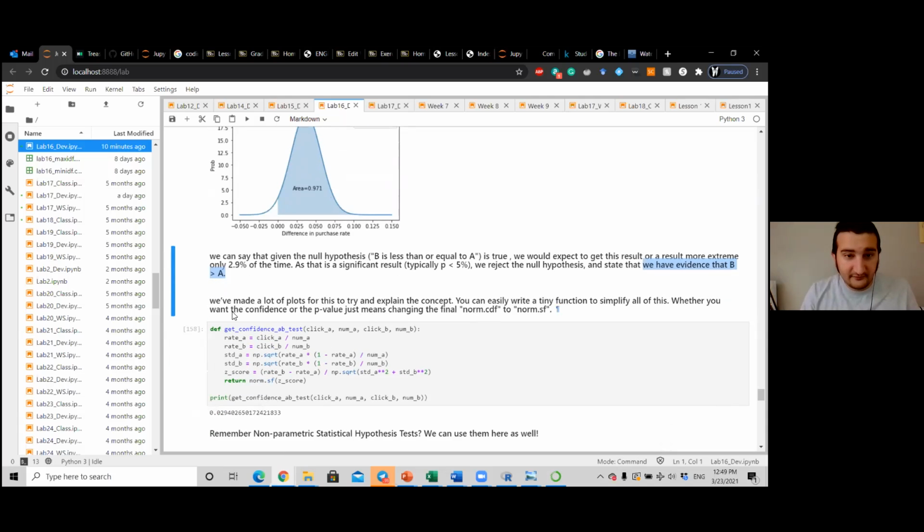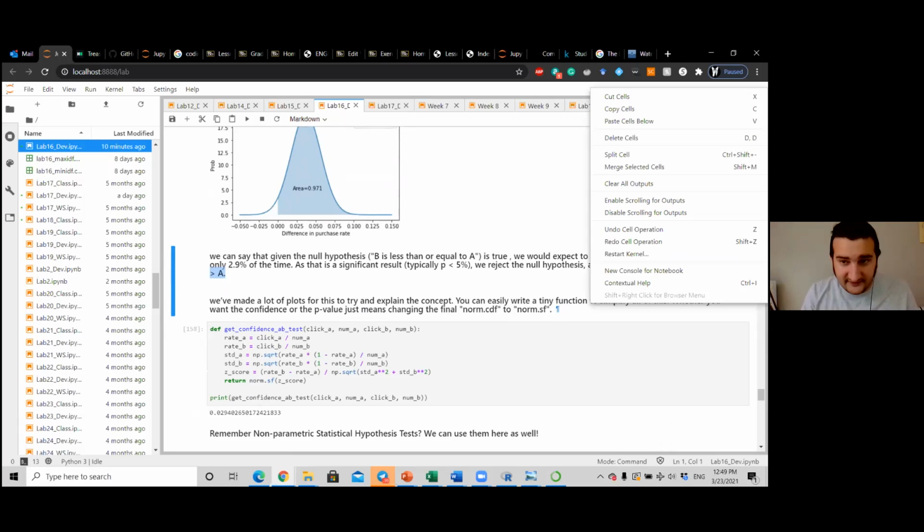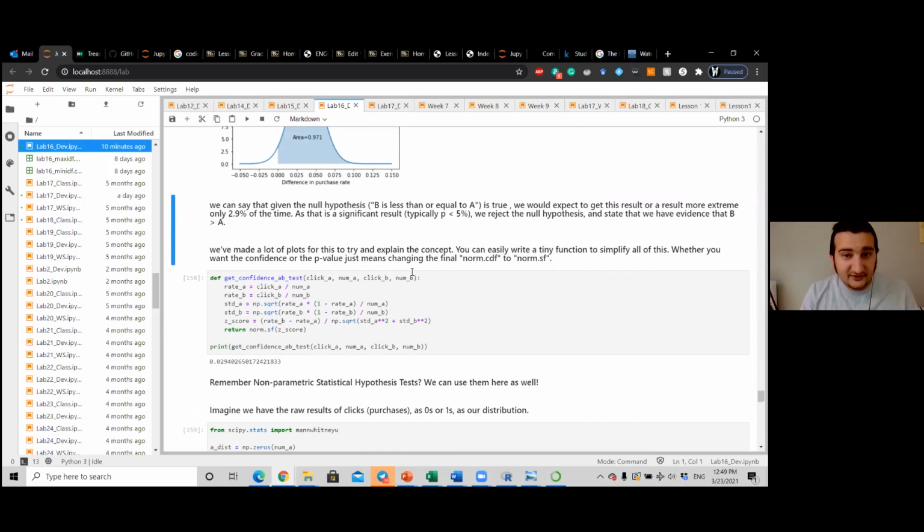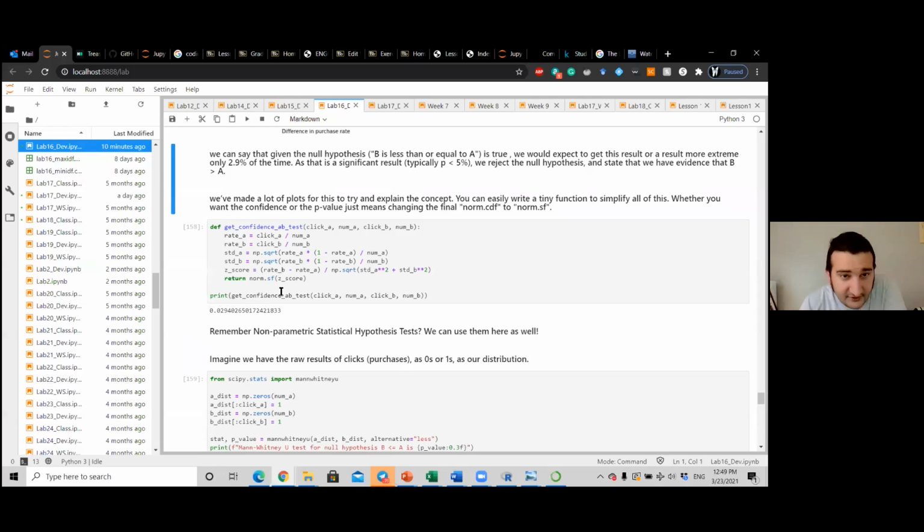So we've made a lot of plots for this to try and explain the concepts. You can easily write a tiny function to simplify all of this. Whether you want the confidence or the p-value just means changing the final norm CDF to norm SF. This is the function that we are writing, get confidence A/B test.